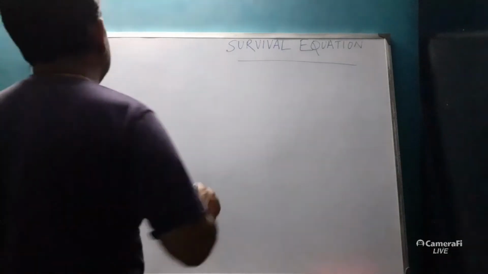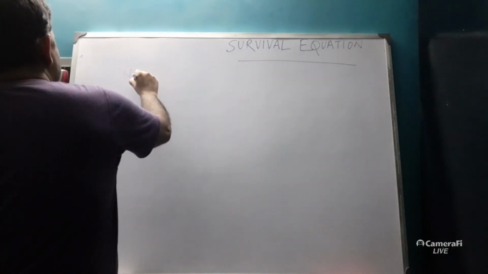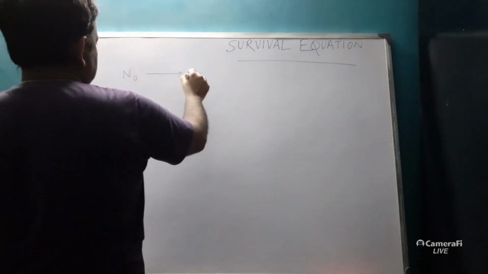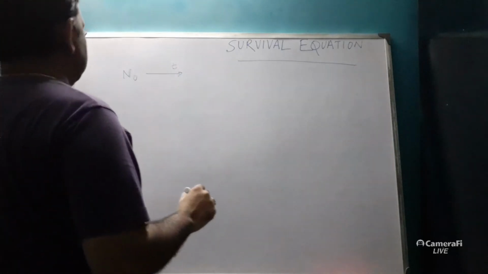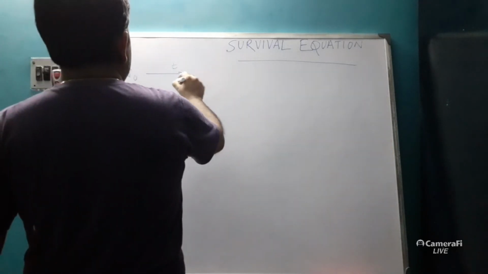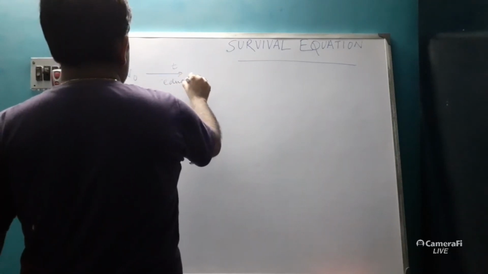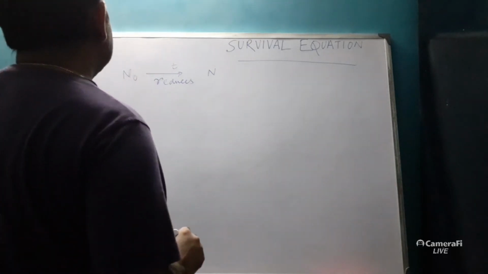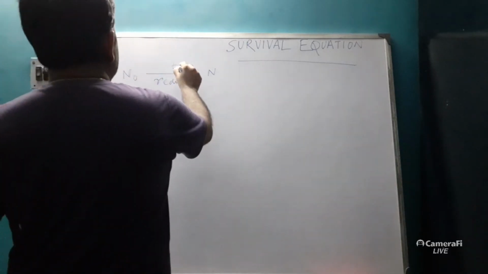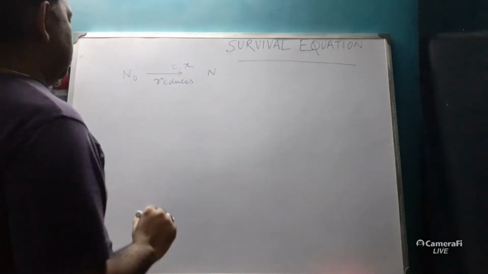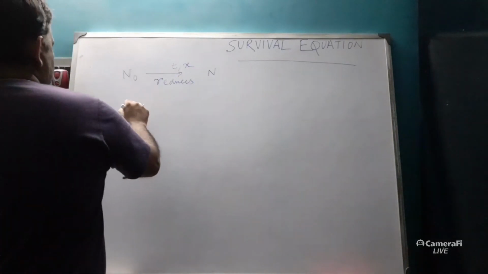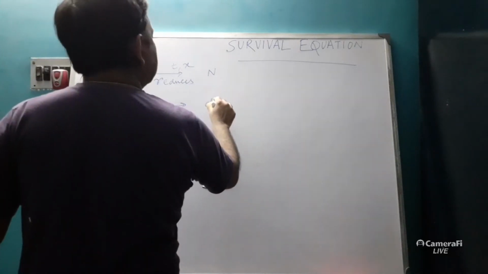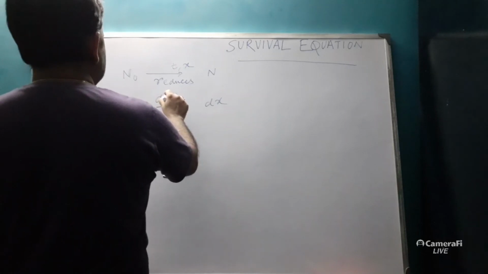So let us consider N0 amount of molecules at the start. After time t, this N0 molecules reduces to N after traveling distance, suppose x. So therefore dn can also travel dx distance in time dt.